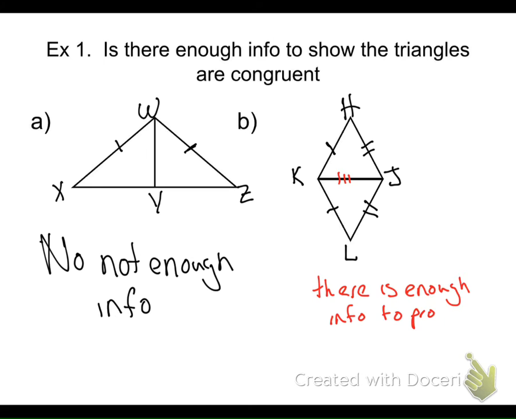You don't have to write all this out, but I just want to make sure you can see it. So you can prove by side, side, side. Do you guys have any questions? So we could say that KJ was congruent to KJ by reflexive property.